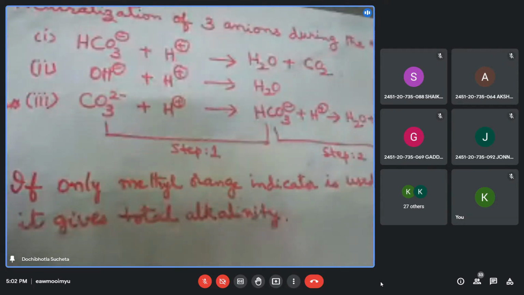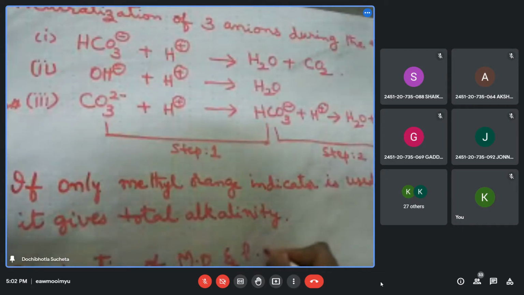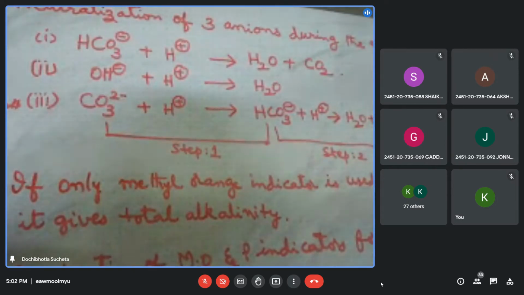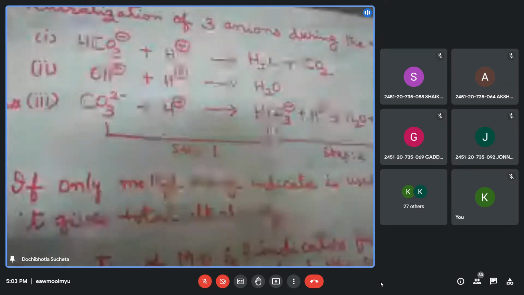Next point which I should tell you all is, the combination of methyl orange and phenolphthalein indicators for the same titration helps to find the concentration of individual ions.